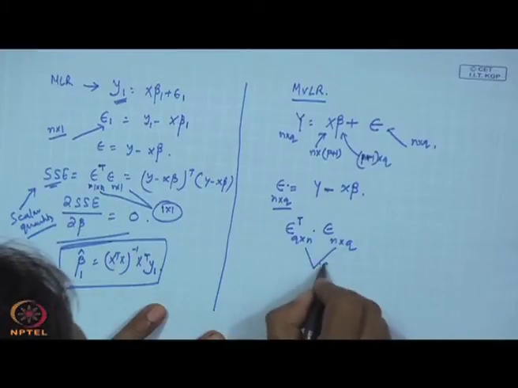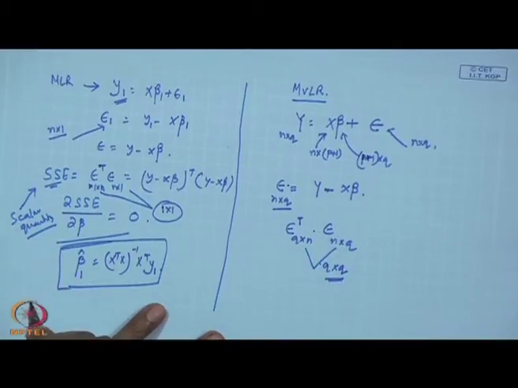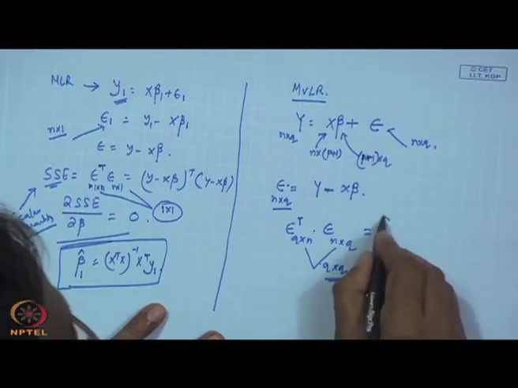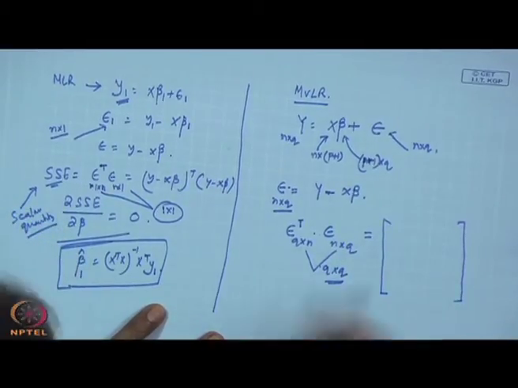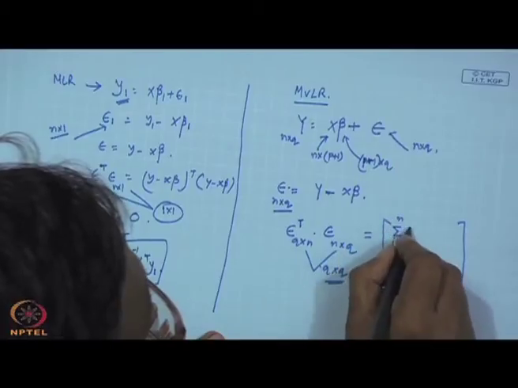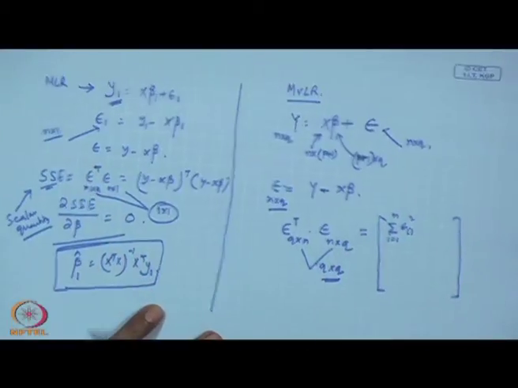So, what is happening here? You are getting a q cross q matrix. So, I cannot say it is a scalar quantity, it is a matrix, and as a result this will give you a structure like this. These diagonal elements will be the sum over i equal to 1 to n of epsilon i1 square.